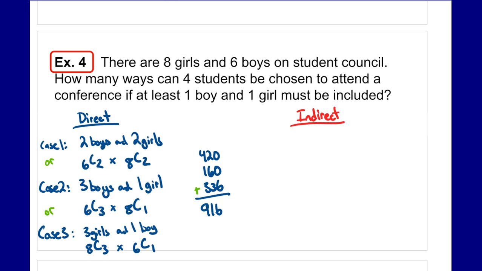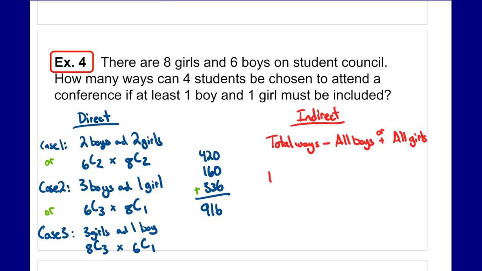The indirect way also works, so again, the same kind of scenarios apply. Direct, indirect. Take your total number of ways without any restrictions, minus the complement, or the opposite of at least one boy and one girl. The opposite would be either all boys, or, which means we add, all girls. So we're subtracting 2 scenarios.